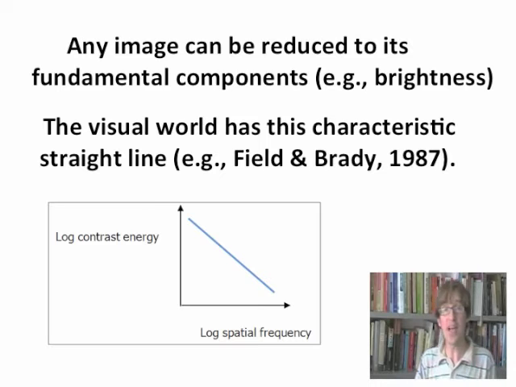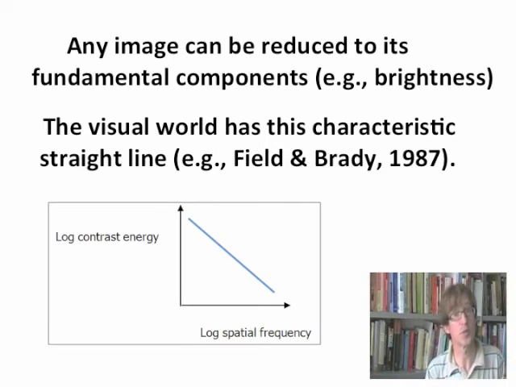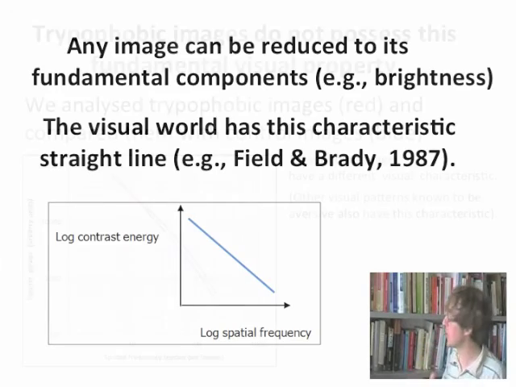However, trypophobic images don't do that. They don't have this straight line. What I did with my colleague Professor Wilkins, we performed a spectral analysis on the images and found that they did something different. They have a different visual signature.